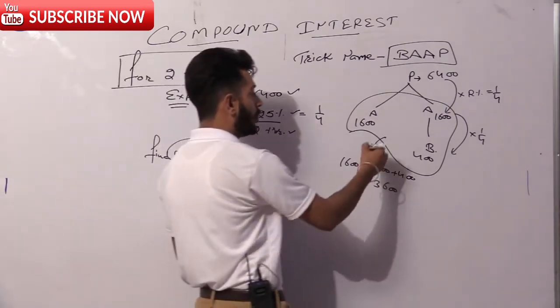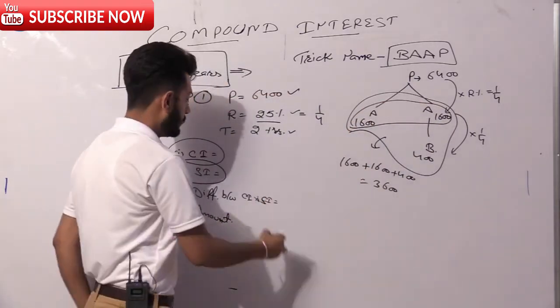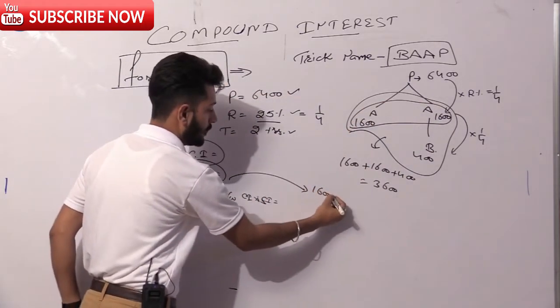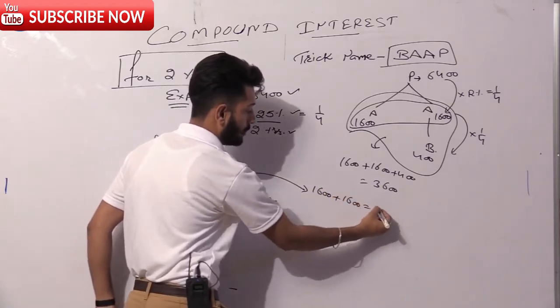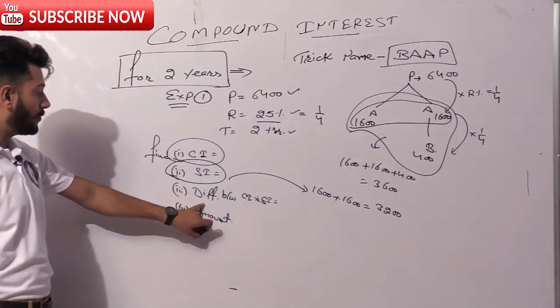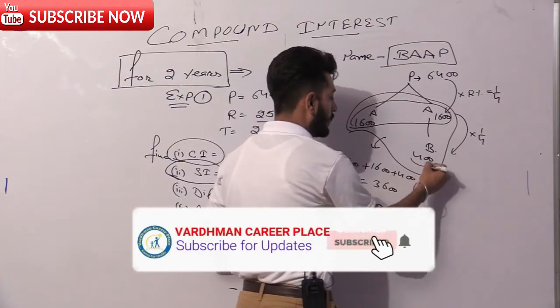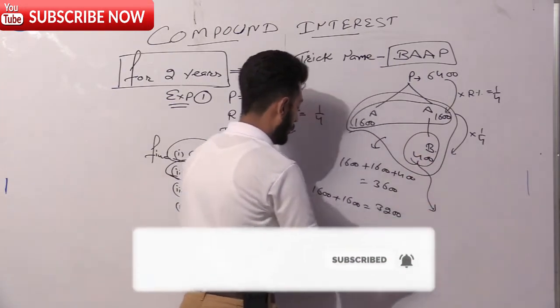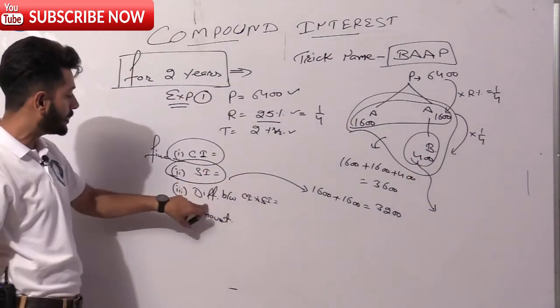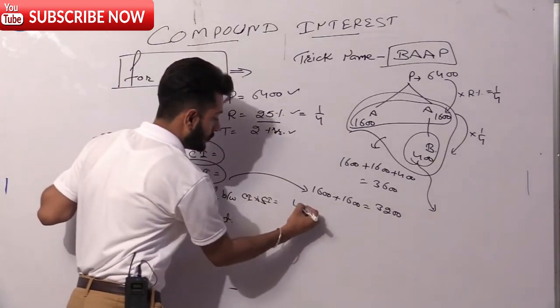To find the value of simple interest, simply add both the values of A, which becomes 1600 plus 1600, which becomes 3200. And the next question is the difference between CI and SI. It is directly given that the value of B is 400. The value of B gives us the difference between CI and SI, which becomes 400.